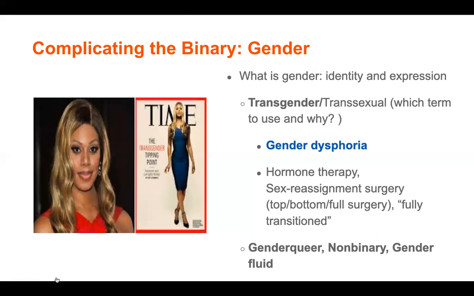But you will oftentimes hear people add to their label a fixation on whether or not people have had sex reassignment surgery. And if so, have they had top or bottom or full surgery? One way that you might see this in readings or articles is they might talk about someone being fully transitioned.